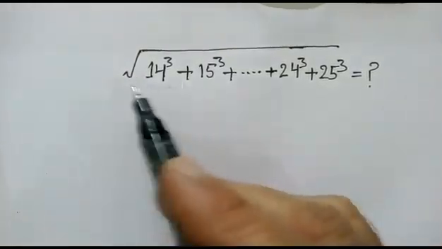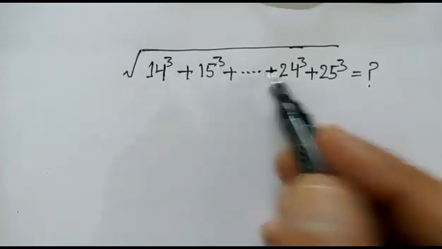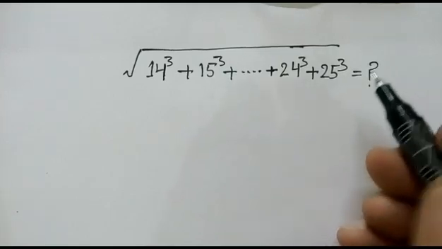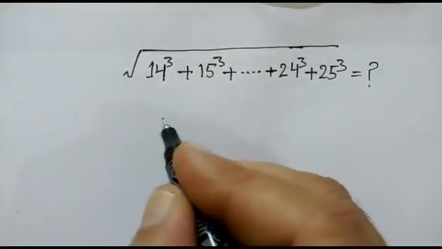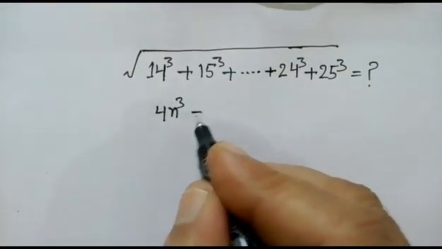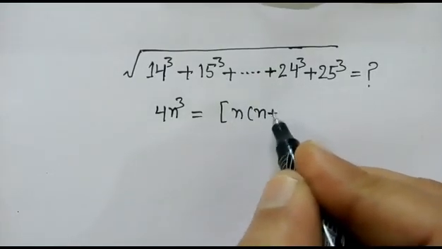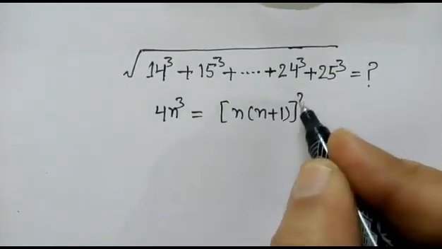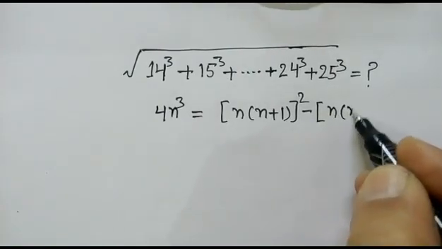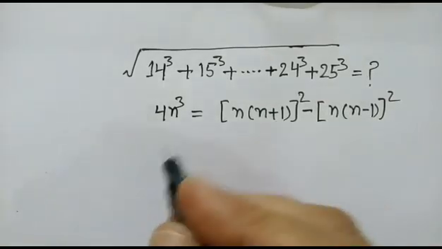Hi friends, we have to find the square root of 14 cube plus 15 cube plus up to 24 cube plus 25 cube, right? So let's start. First we take 4n cube, we can express this as (n plus 1) whole square minus (n minus 1) whole square, right?